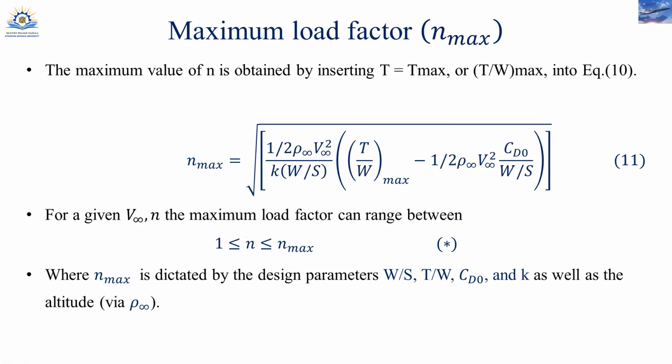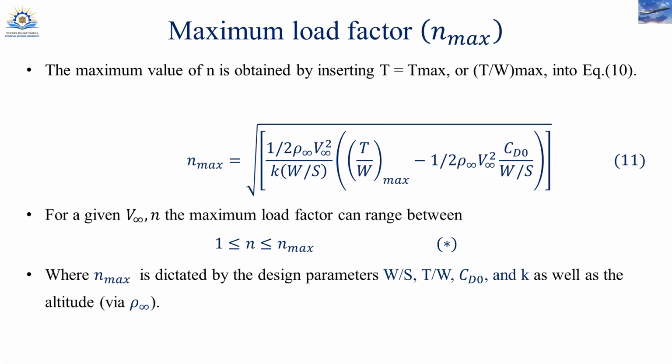So for a given velocity V, the maximum load factor N can be in a range greater than 1, and N should have some maximum value. It should not be taken randomly. So we have to limit that N max; it also has a limit.